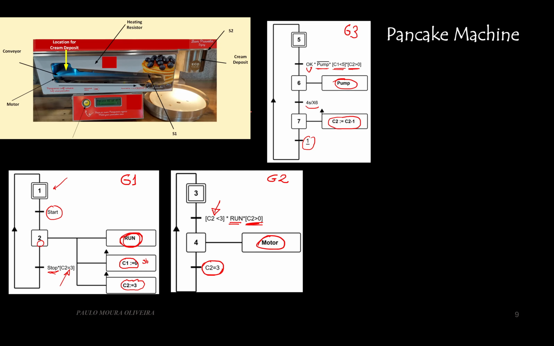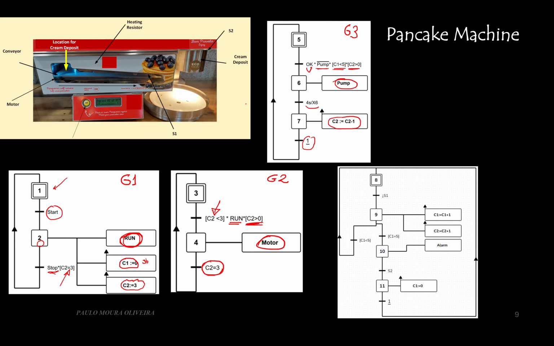So this is a loop, and finally, in this version, G4, whenever the falling edge of S1, that means that a pancake passes through the sensor and is going to the plate. Then we get a decision.